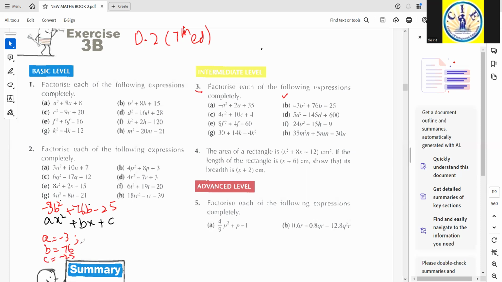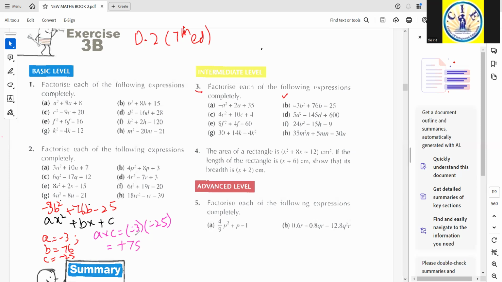Now we need to have the product a times c. A times c, that is negative 3 times negative 25. So that will give us negative and negative positive 75.